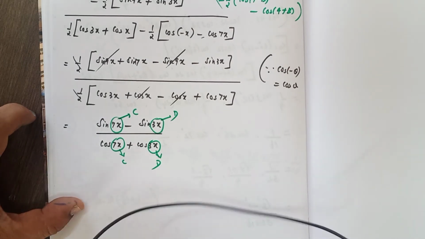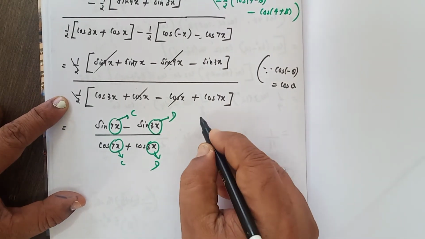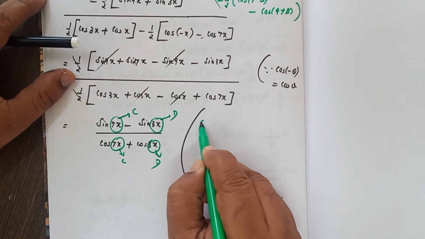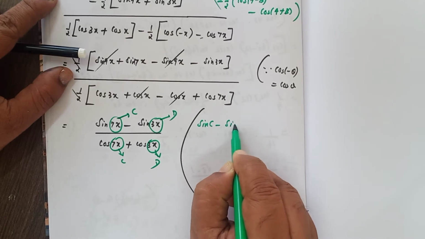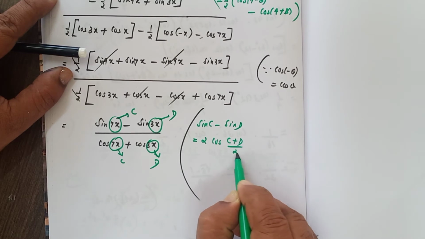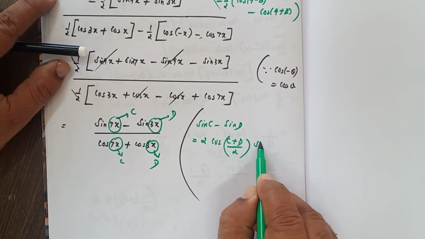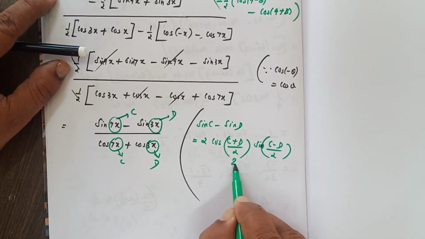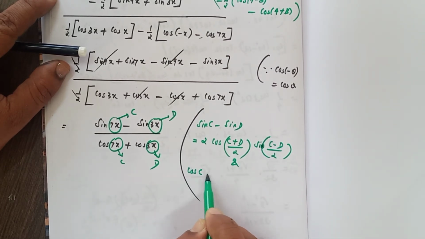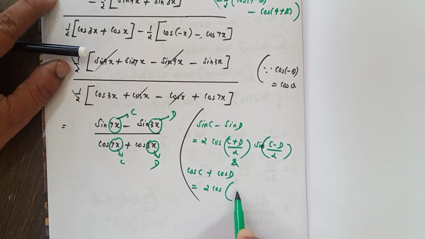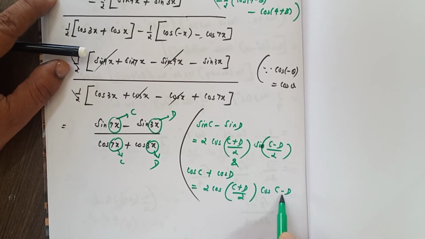Sin C minus sin D. This one is cos C plus cos D. Sin C minus sin D is equal to 2 cos of (C plus D) by 2 into sin of (C minus D) by 2. And here cos C plus cos D is equal to 2 cos of (C plus D) by 2 into cos of (C minus D) by 2.